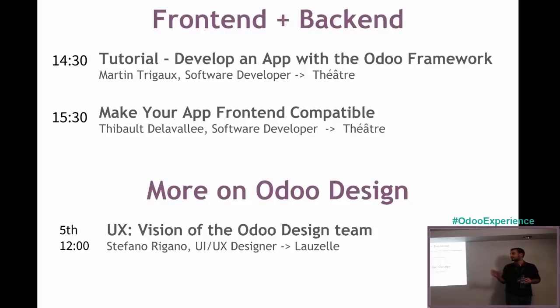They will show you in detail how the new JavaScript engine that we implemented works. If you are interested in design in Odoo, there will be another talk hosted by me tomorrow here at 12 o'clock about the vision of the Odoo design team.